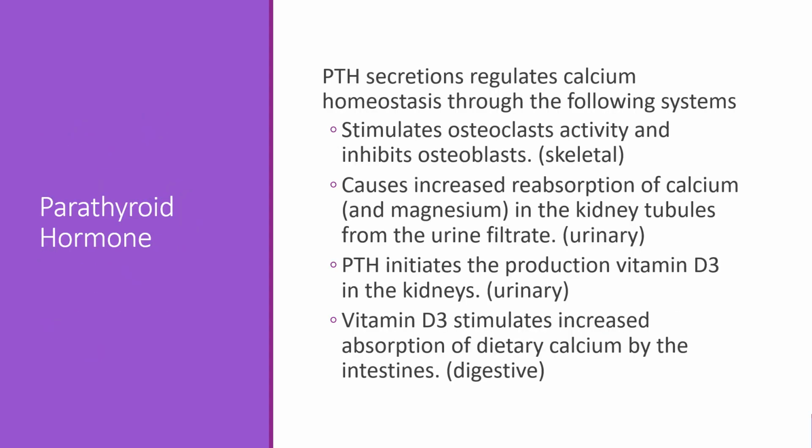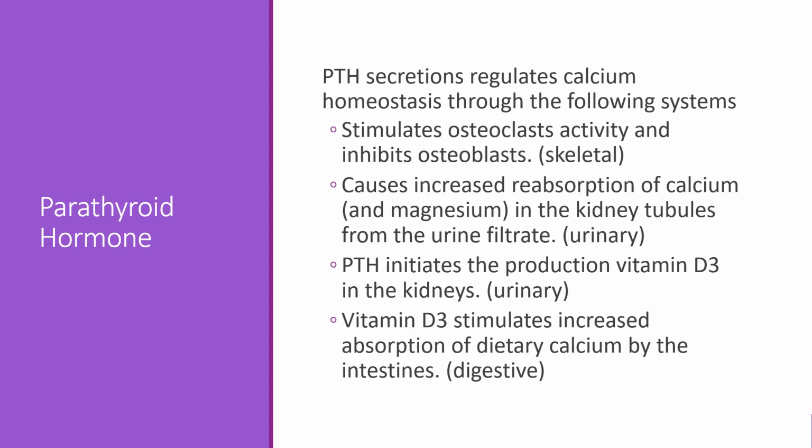So PTH regulates calcium through the following systems. It's basically the opposite of what I just talked about. It's going to stimulate the osteoclast, or the breaking down of bone, and therefore release calcium into the bloodstream, as well as inhibit the osteoblasts that have been taking it out of the bloodstream. So again, your skeletal system is involved. It causes increased reabsorption of calcium and magnesium in the kidney tubules from the urinary filtrate, so the urinary system is involved.